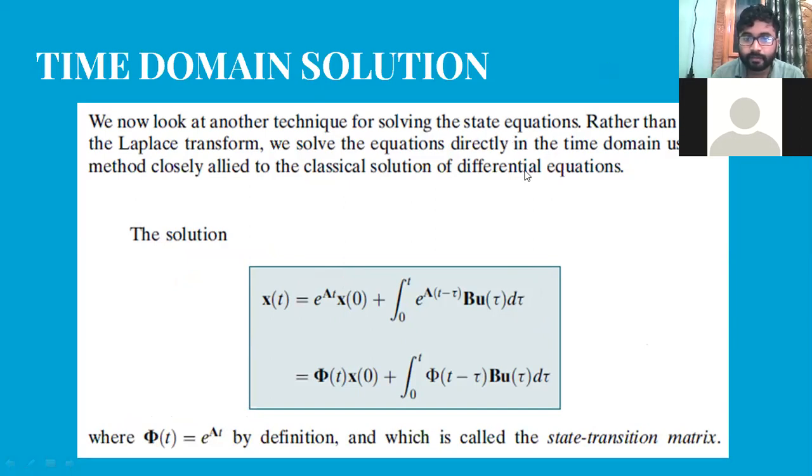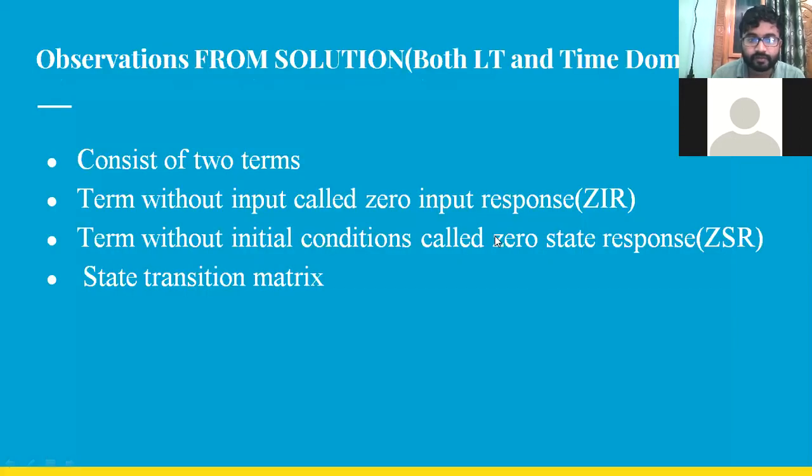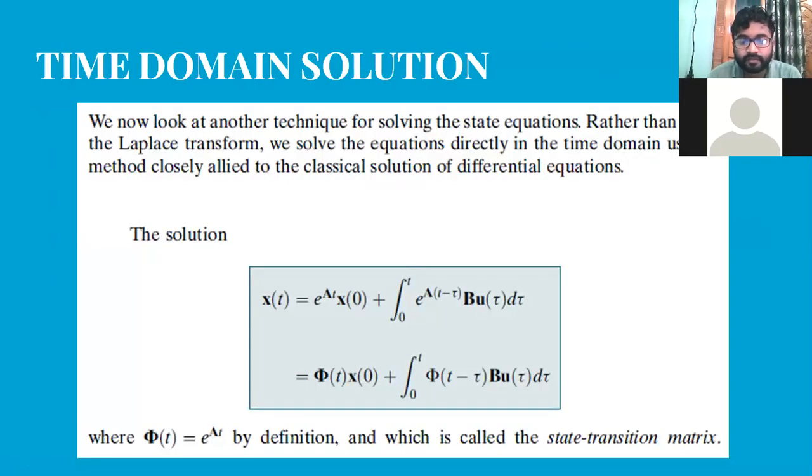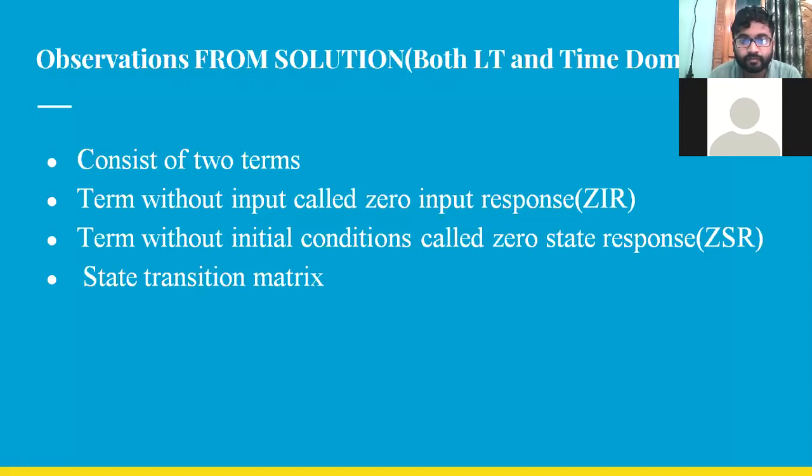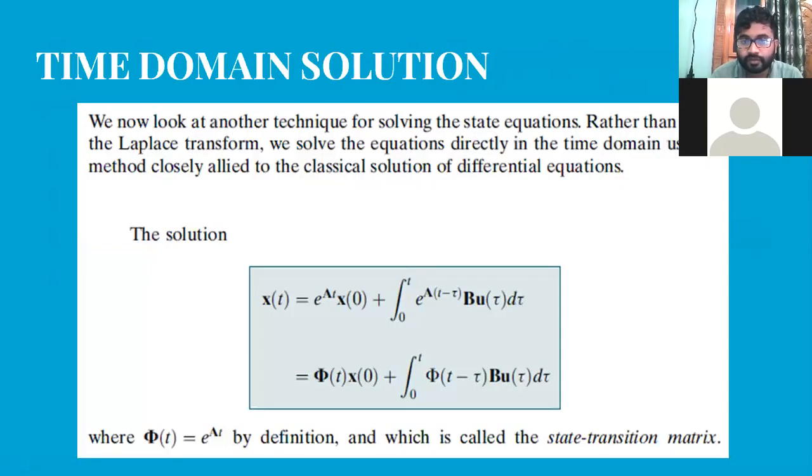Now let us compare both the equations. What is your observation from the solution, both in Laplace or time domain? Both are consisting of two terms, first term and second term. In first term, there is no input, that is u.